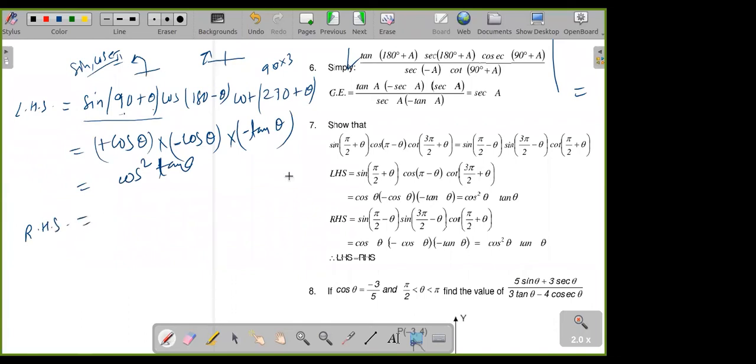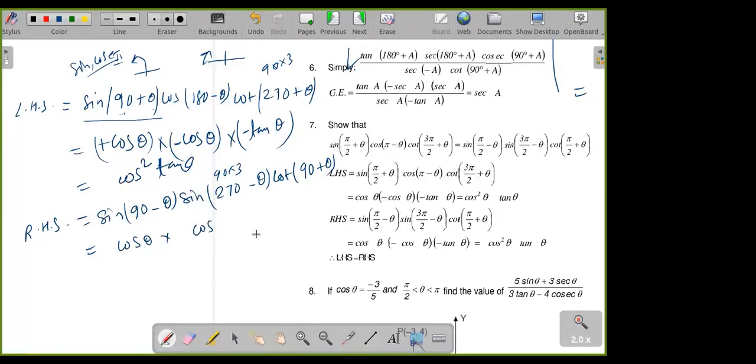Sine of 90 minus theta, sine of 3 pi by 2, that means 270 minus theta, cot of 90 plus theta. Sine 90 minus theta is cos theta. Sine 270 minus theta, which is 90 times 3, changes sine to cos, and in the third quadrant only tan is allowed, so it will be negative.